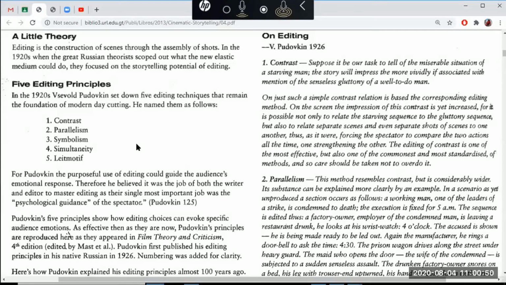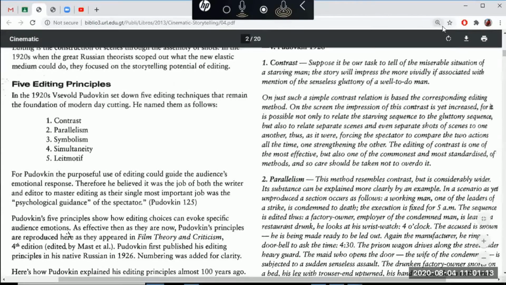For example, butchering an animal or butchering a human being, killing an animal or killing a human being have a symbolic meaning in terms of cruelty, and in terms of there being no difference between killing a human or killing an animal. And we also discussed leitmotif just now.